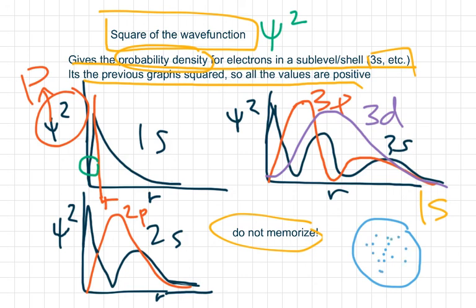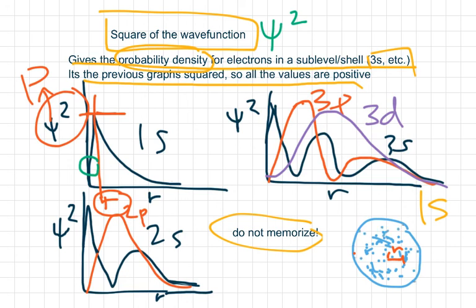So let's just put a lot of electrons in this area over here where you're most likely to find the electron. So notice how, let's just say that the distance from the middle to here is the r, and it's the r that has the highest probability of finding the electron. But once you get too far away, it drops down and you're less likely to find an electron once again.